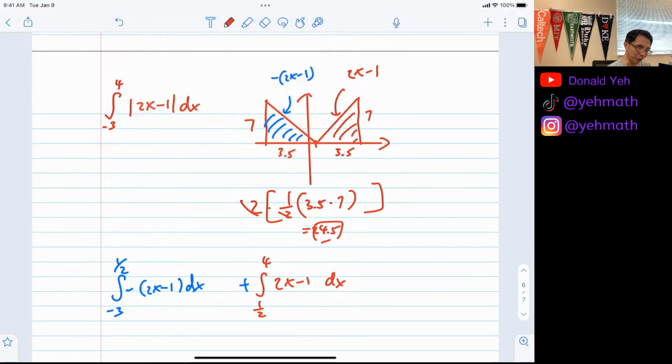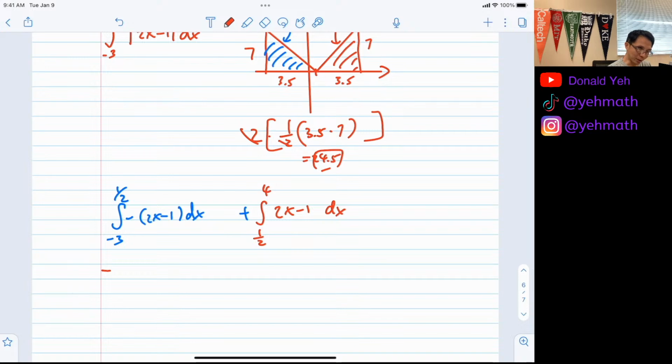And you had to do so much work for this. So that's going to be integration from negative 3 to 1/2, and that's going to be x squared minus x, I think. Plus integration from 1/2 to 4. Wait, sorry, that's already integrated. My bad. So here it is going to be x squared minus x between 1/2 and 4.